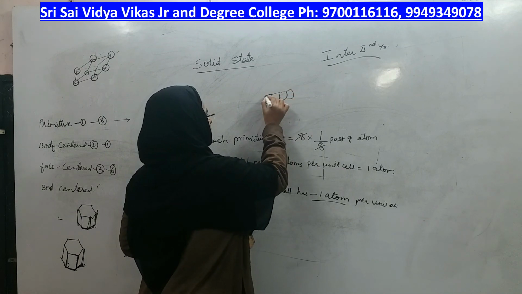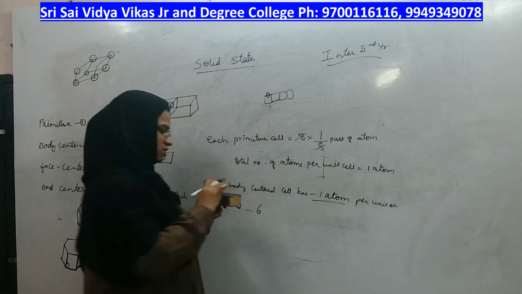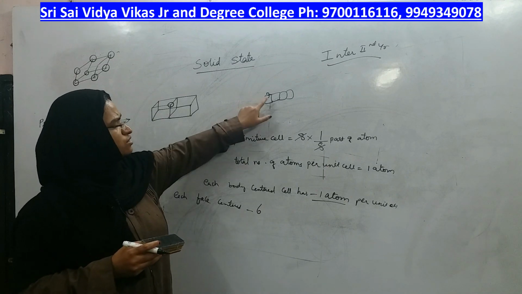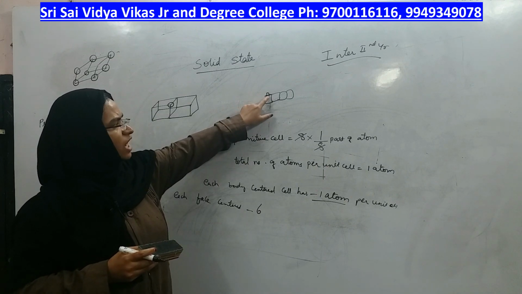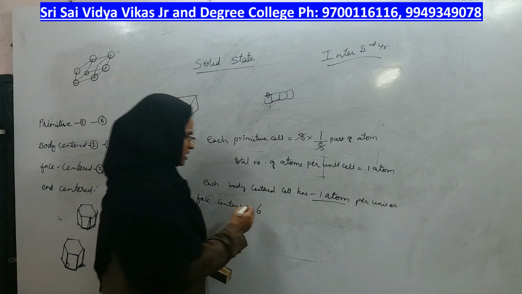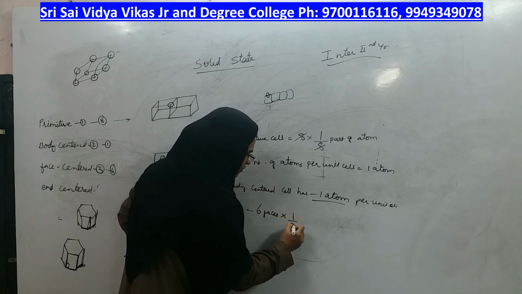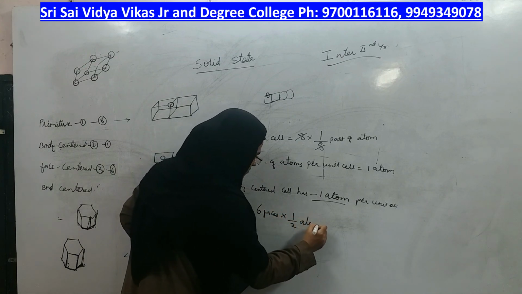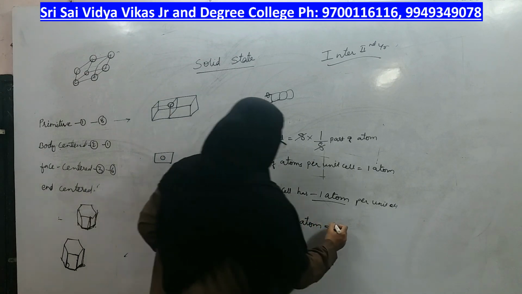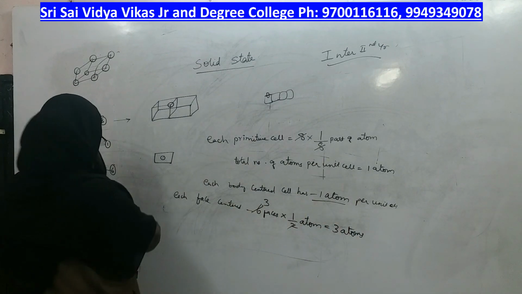I am taking this face, that means the atom will be like this. Half part of the atom is coming into this face, half part is going to the top unit cell, right? So for each box, only half part of the atom belongs, the other half belongs to the other cell, right? 6 faces and for each face half of the atom, therefore, how many atoms will come? So total atoms are 3 for face centered, right?